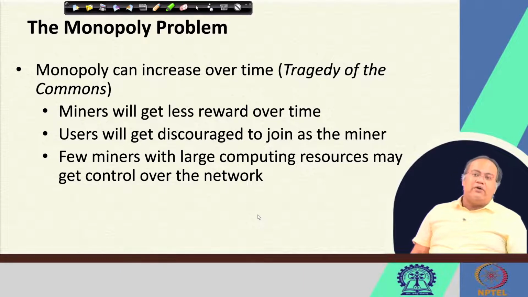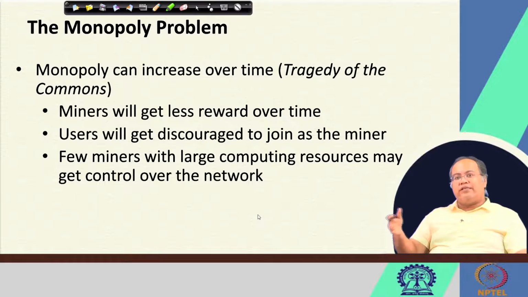Well, if I just try to explain it conceptually, it is something like this: the miners will get less reward over time, because this mining reward comes from the amount that is being returned by the successful block inclusion from the Bitcoin network. Now, as we have seen earlier, over time that reward gets decreased.